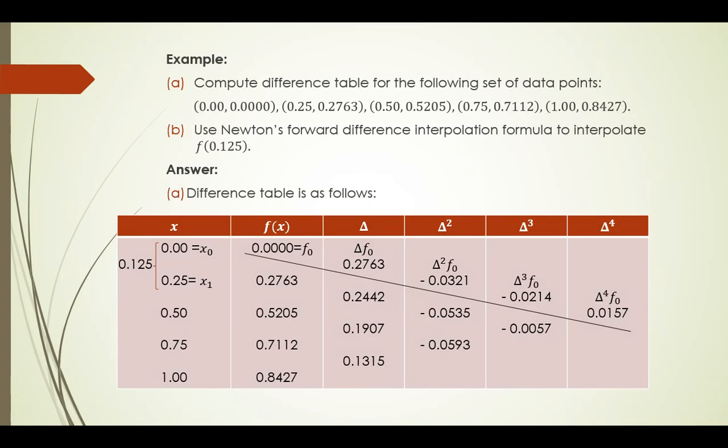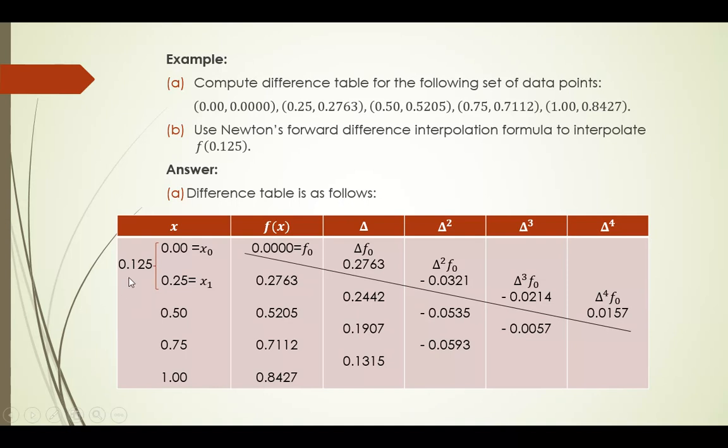So whenever you need to check the values of delta f naught, that will be from upstairs to downstairs: f naught, delta f naught, delta square f naught, delta cube f naught, from upstairs to downstairs. So you memorize and mention these values. You just need to put all these values in the formula, and then use your calculator to calculate the answer, and put the value of xp, and so on. So that is the table.